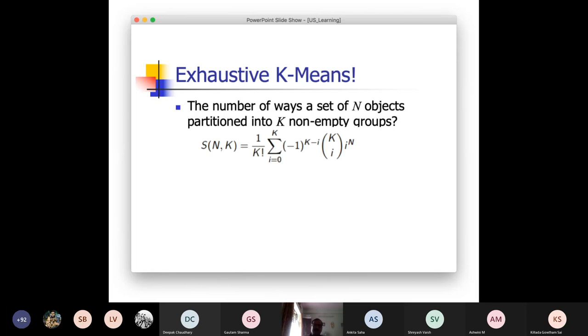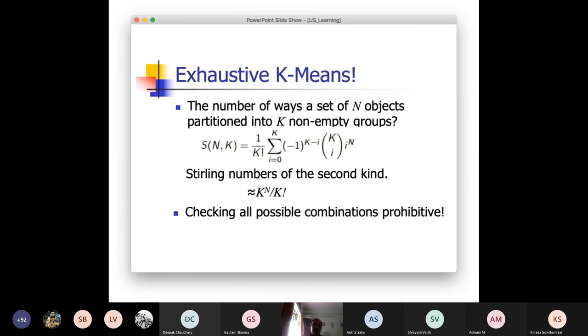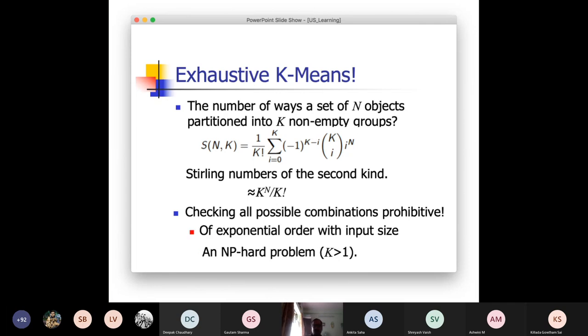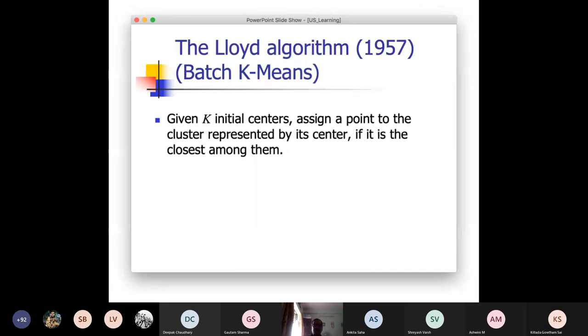But the number of ways you can do it is basically exponential, something like k to the power n by k factorial. The order of it is exponential in n, so that's why it is prohibitive.